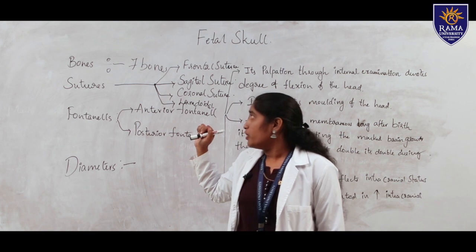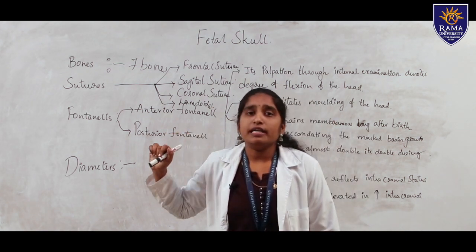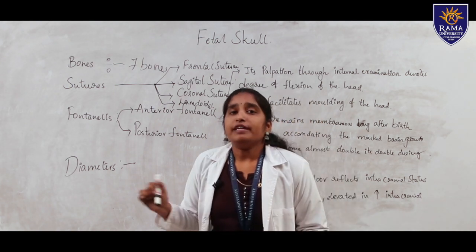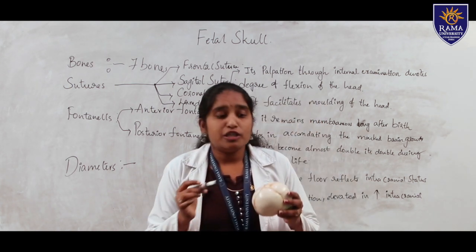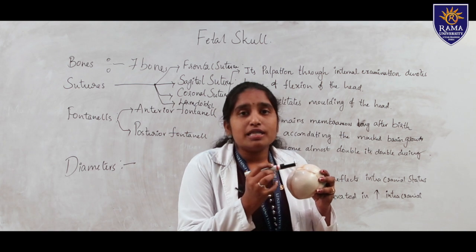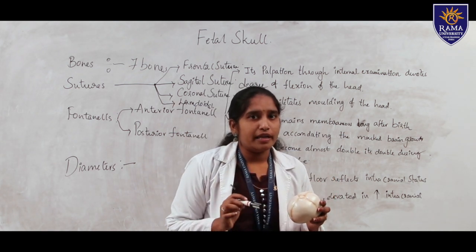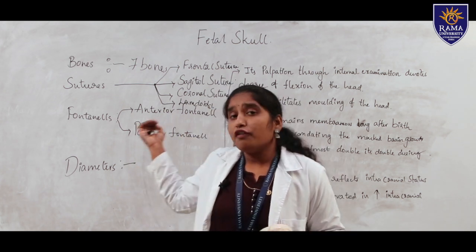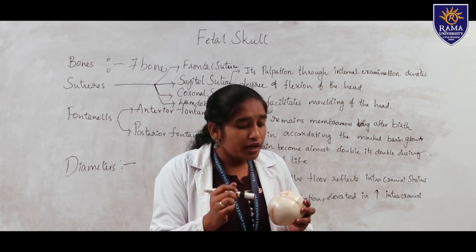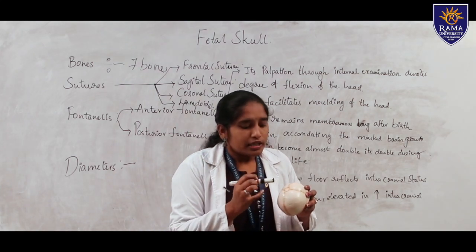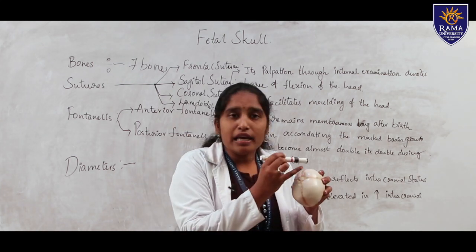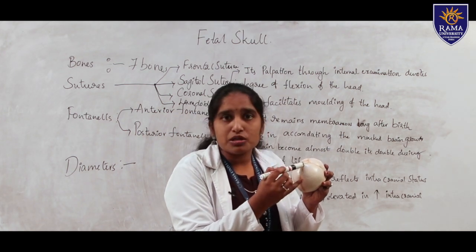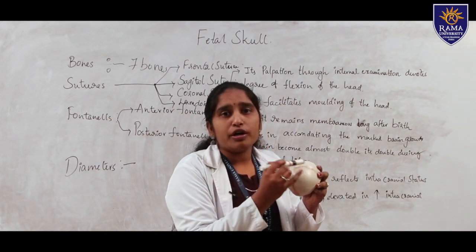Coming to the anterior fontanelle. It is a diamond shaped structure, and how does it form? It is formed by the joining of the 4 suture lines in the midplane of the vault: anteriorly the frontal suture, posteriorly the sagittal suture, and on the lateral sides the 2 coronal sutures.